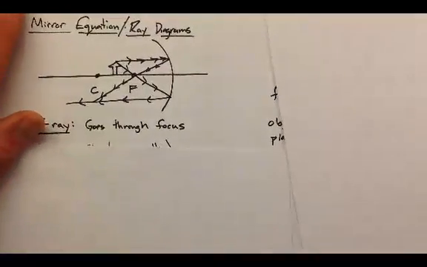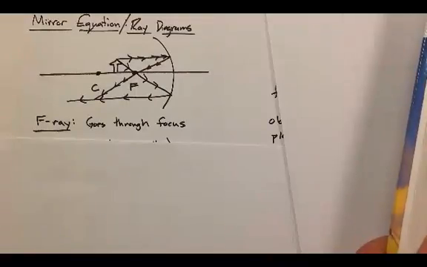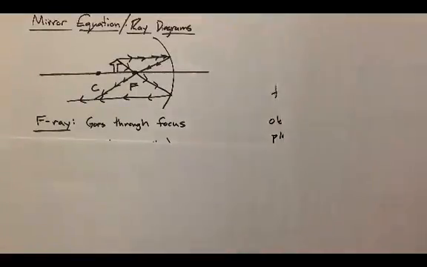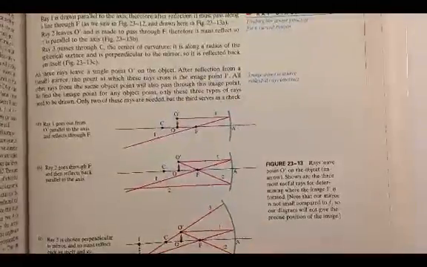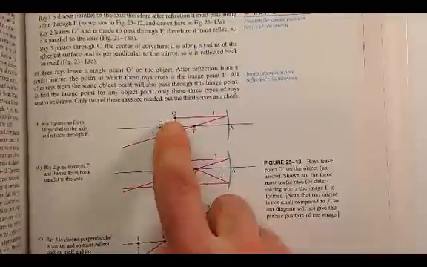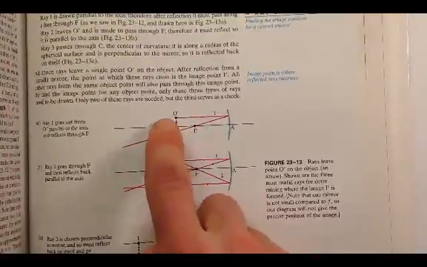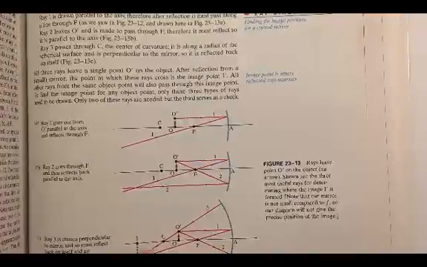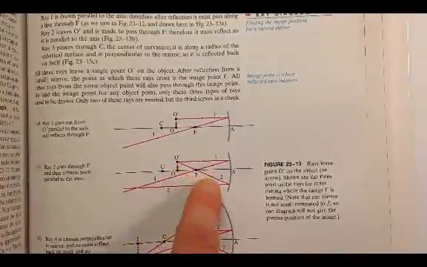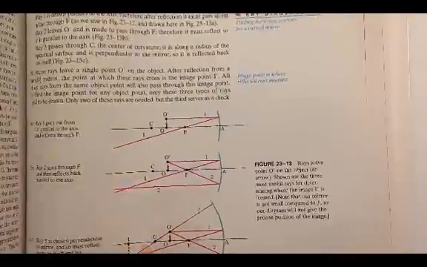Now, I tried to draw this and did not do a very good job of it. So I'm going to refer you to some really good pictures in your book here that are actually to scale. So here I see a parallel ray. Here's my object, and this ray of light is bouncing off the mirror and going through the focus. Here I see a ray of light going through the focus and bouncing off the mirror.